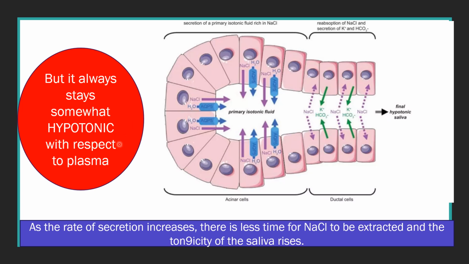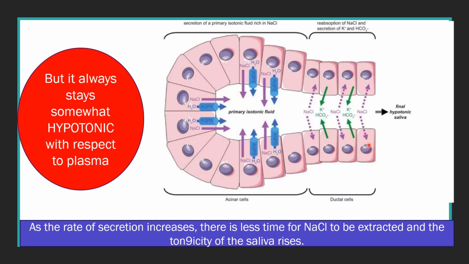There is less time for NaCl to be extracted from the saliva. The flow rate is so high that the sodium chloride will not get adequate time to be reabsorbed into the cells.